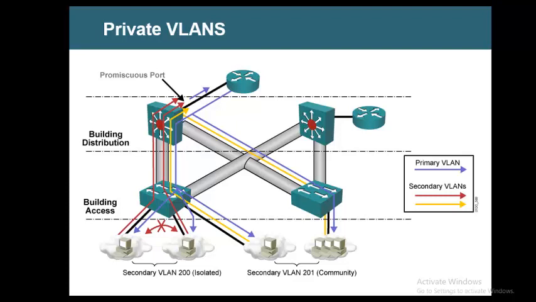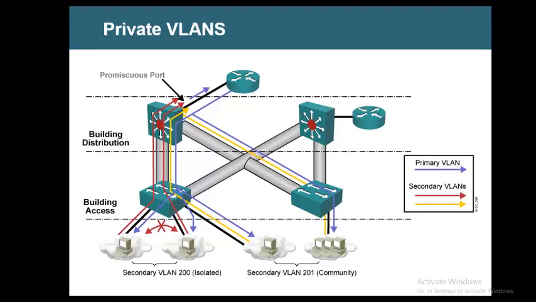So community can talk to promiscuous. Community can talk to the members of the same community. Community cannot talk to other community members. For example, here 201 is the VLAN given for community. So members of 201, wherever they are, whatever switches they are in, no problem, they will be able to communicate because they are members of 201.